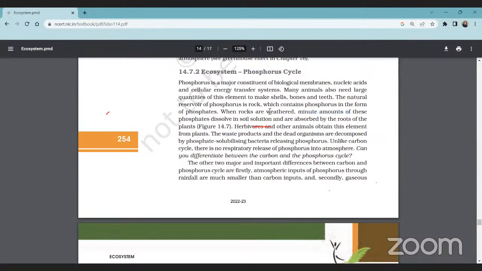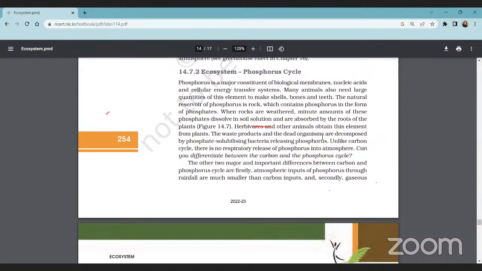So when phosphorus rocks are weathered, they mix in the soil, and plants absorb that phosphorus.